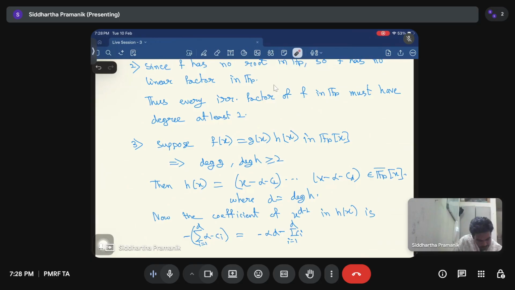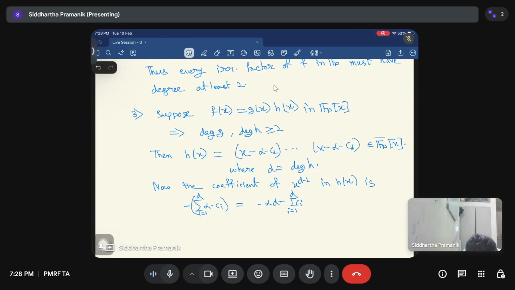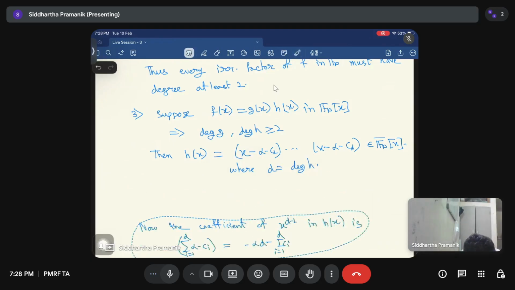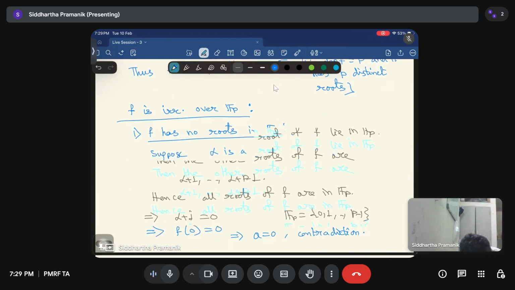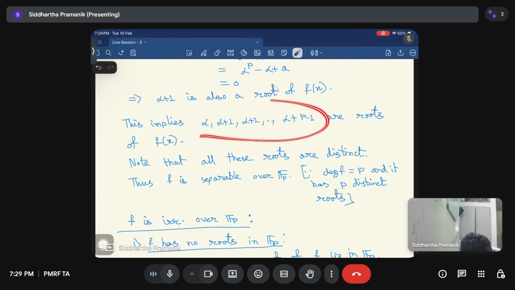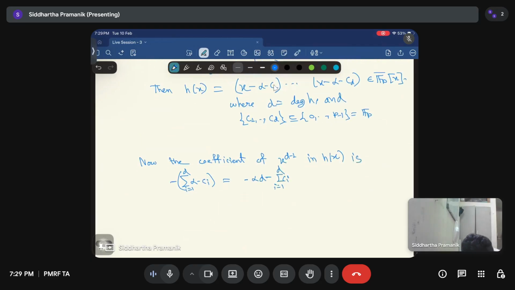But this ci is just up to 0, 1, p, right? Okay, so I should mention here, where d is the degree, this c1 up to cd must be a subset of 0 up to p minus 1, which is Fp, because that is what we are getting from the roots. So the ci's are a subset of Fp.